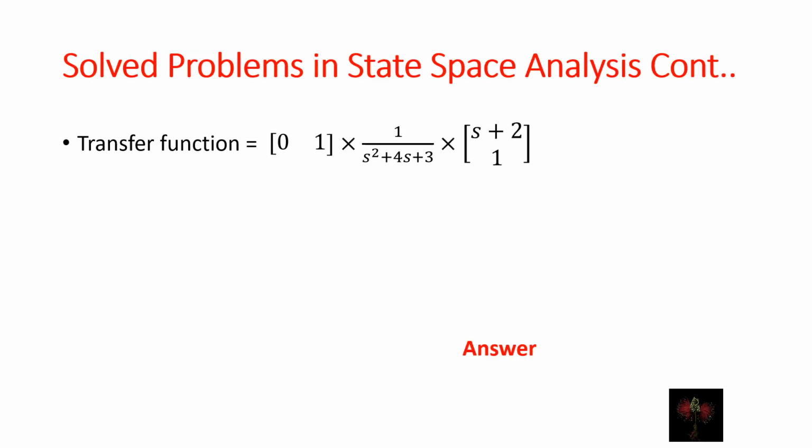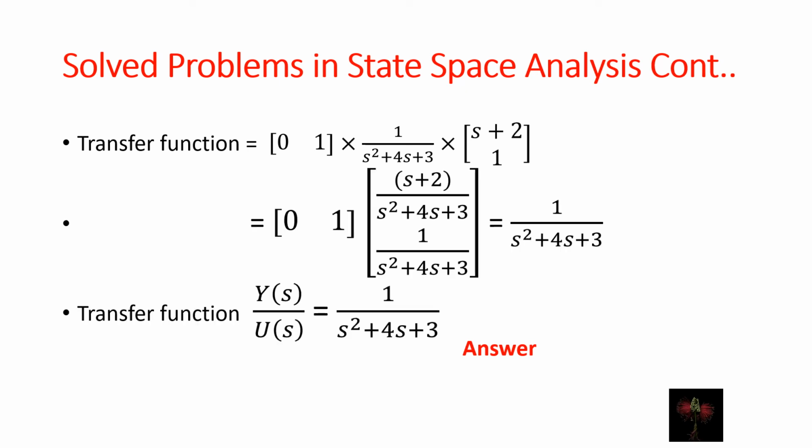Now the transfer function is equal to matrix 0 1 into 1 divided by s square plus 4s plus 3 into matrix s plus 2 1. So simplifying, we get 0 1 matrix into s plus 2 by s square plus 4s plus 3 and 1 divided by s square plus 4s plus 3.